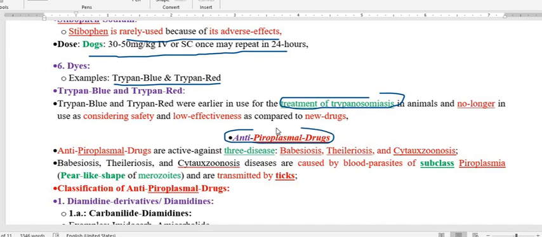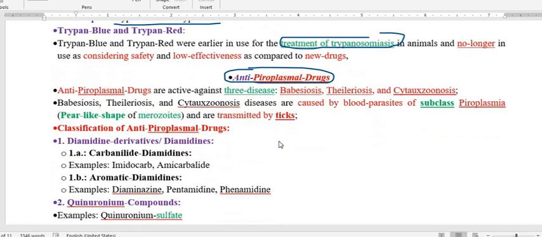Now we have to go through the drugs we use to treat piroplasms, and therefore we call them anti-piroplasmal drugs. Piroplasmia is a subclass, and from this subclass three genera are usually present: Babesia, Theileria, and Cytauxzoon.